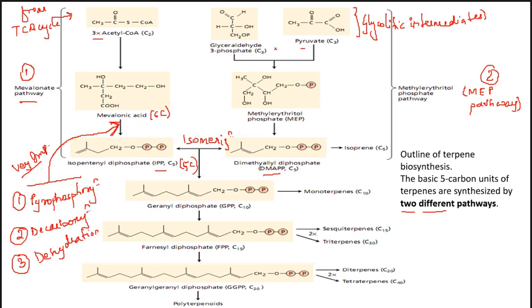Now coming to the methyl erythritol pathway. I would like to mention that the first pathway, the mevalonate pathway, occurs in the cytoplasm.